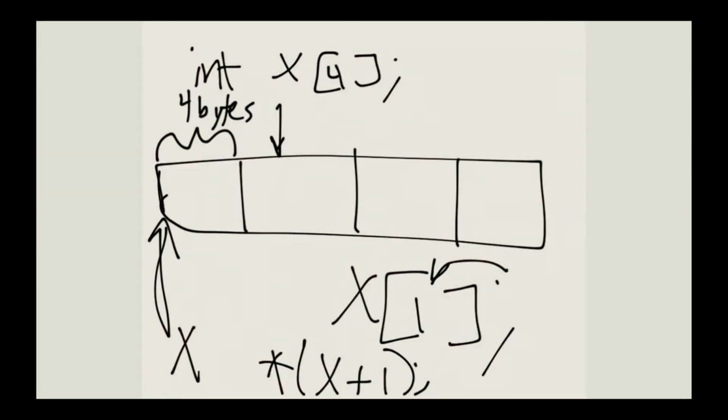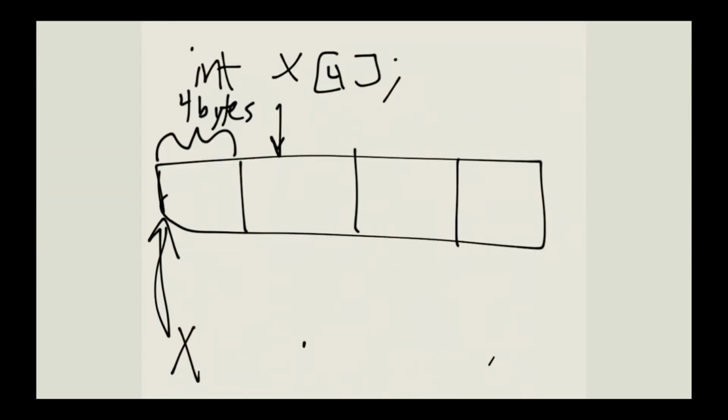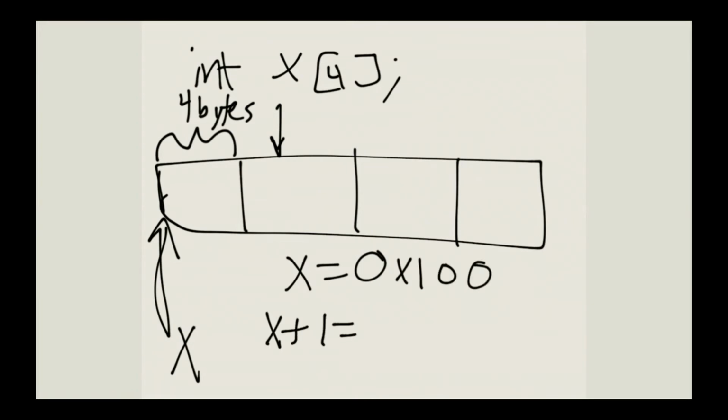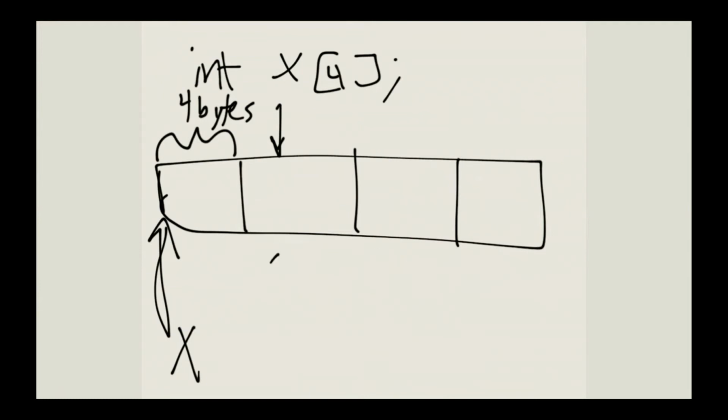So if x equals 0x100, then x plus 1 equals 0x104. And you can abuse this and say something like char star c equals cast x to a char star.